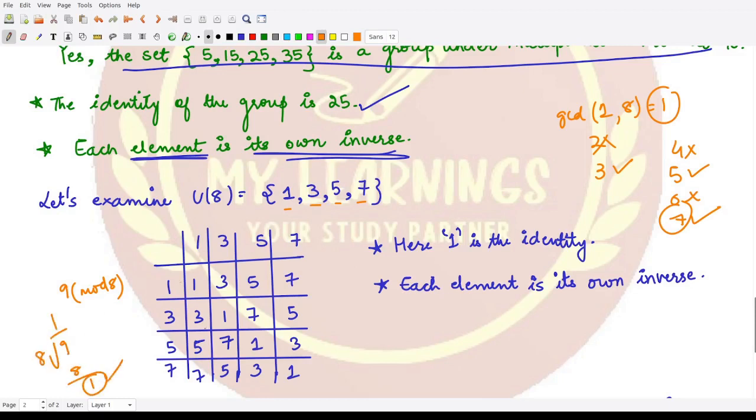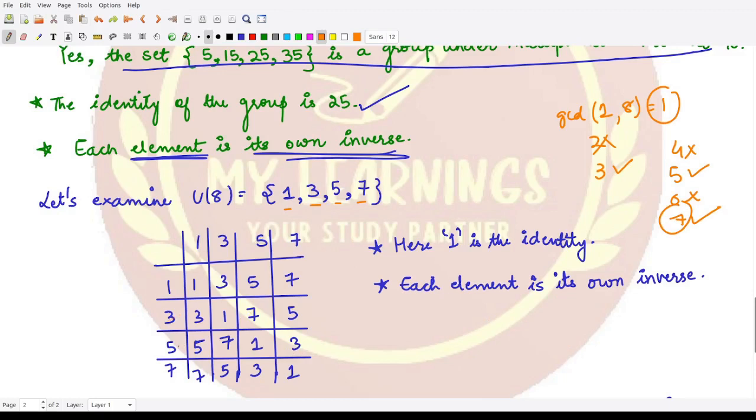So your answer would be 1, correct? Similarly, 3 into 5 is 15. 15 mod 8 is how much? It is 7. What about 3 into 7? That is 21. 21 mod 8 is how much? 8 goes in 2 times, so it would be 5. Correct? In a similar manner, you can calculate all the others.